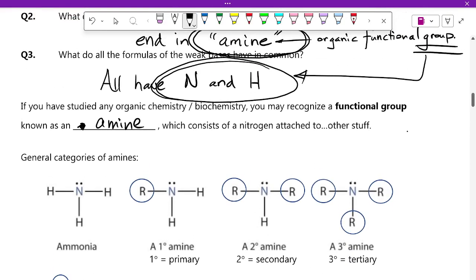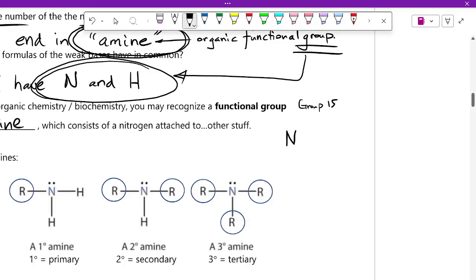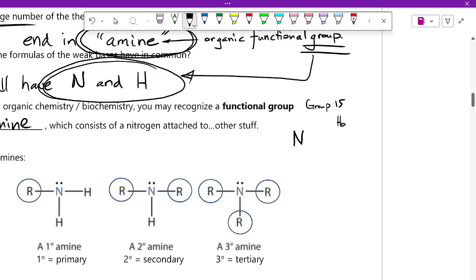Nitrogen, if you remember nitrogen, how many valence electrons does nitrogen have? It's in group 15. How many valence electrons?